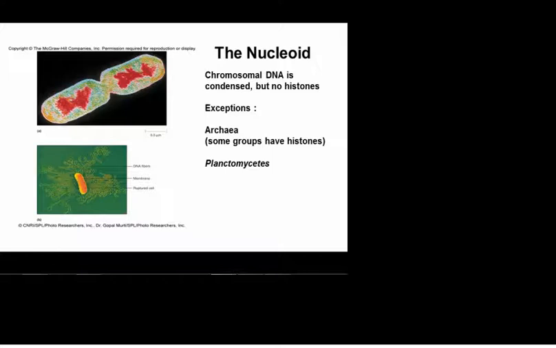Now in eukaryotic cells, this is the function of histones, but in bacteria, condensation is a function of polyamines like spermidine, and some nucleoid proteins. For example, there's one called the HU dimer. So they have the same kind of function as histones, but they have no structural homology, right?